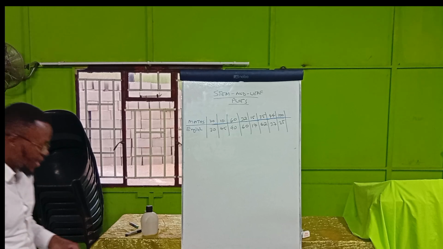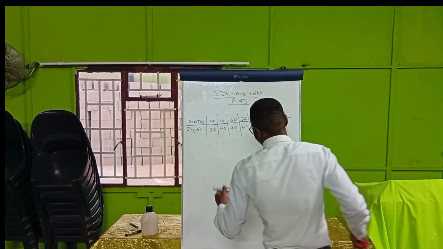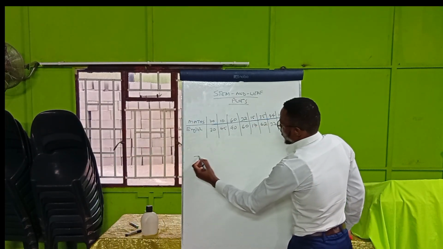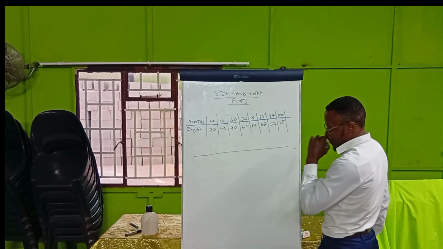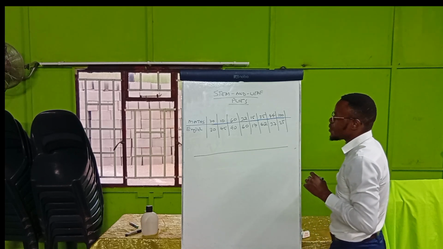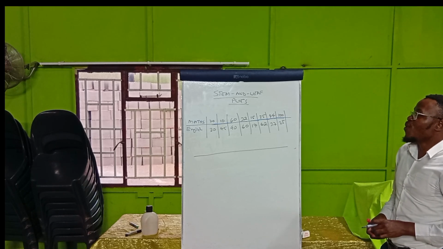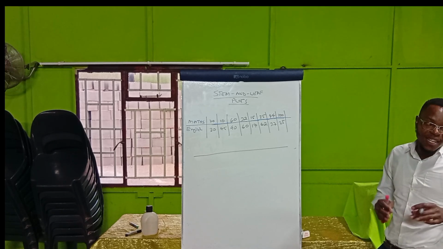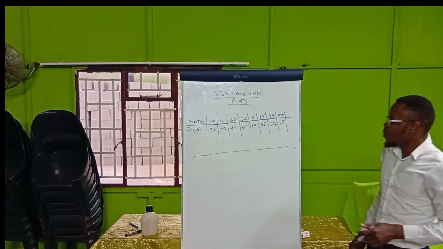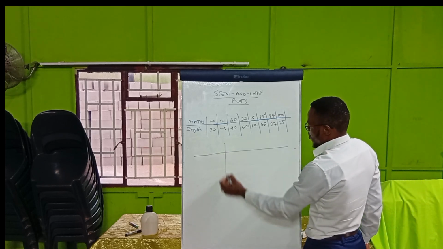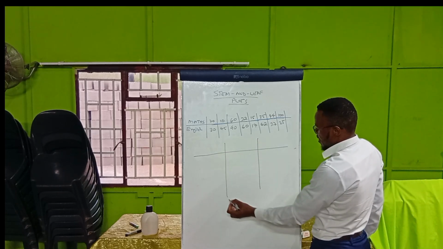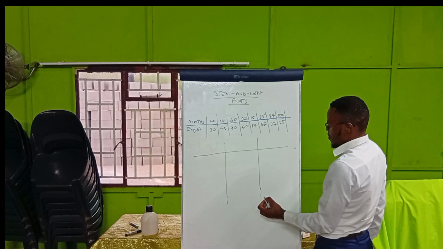So what you do in a case like this, you are still going to divide, but now there is a possibility that maths and English have the same stem. Which is why your stem and leaf plot will be divided into three sections.